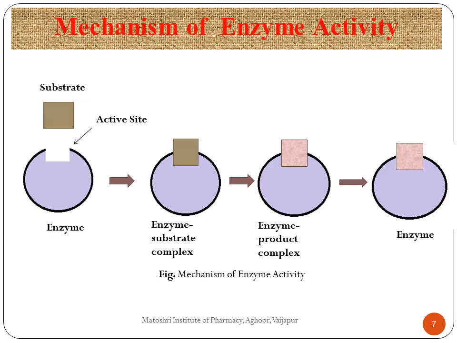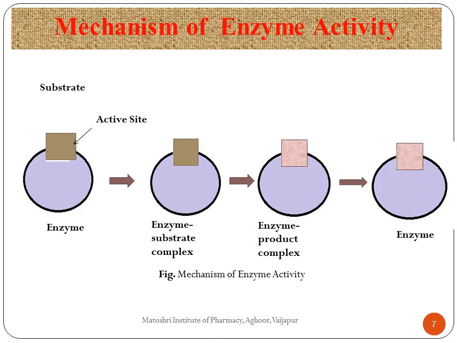When the substrate comes in contact with the active site of the enzyme, the substrate gets bound to the active site of the enzyme with the help of weak bonds, for example hydrogen bonds.